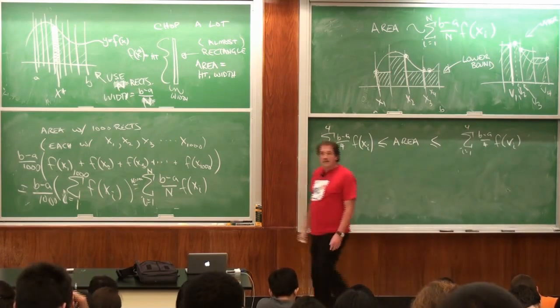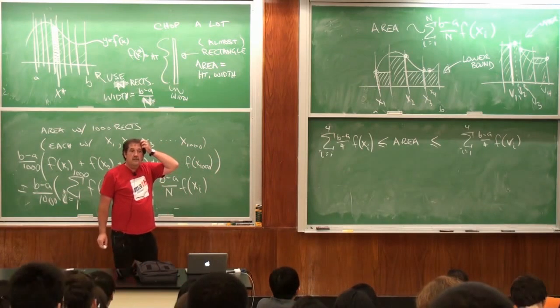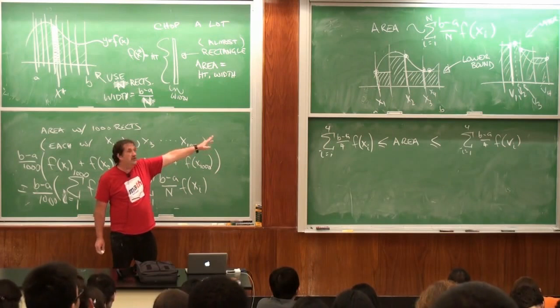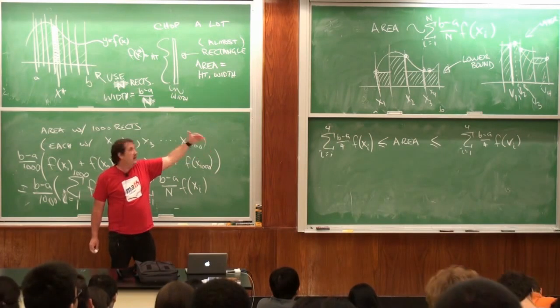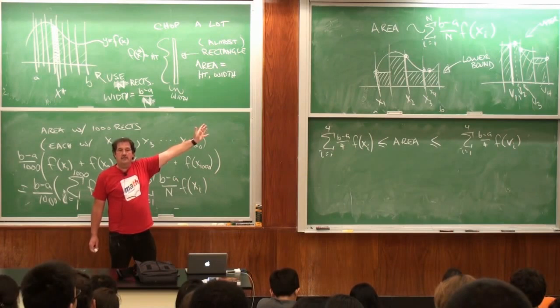The actual area is between those two numbers. Does everybody agree? No matter what the function looks like, as long as I choose those according to the rule I've shown, the xi's are the minimums and the vi's are the maximums.